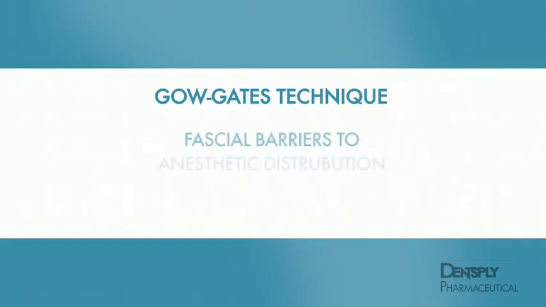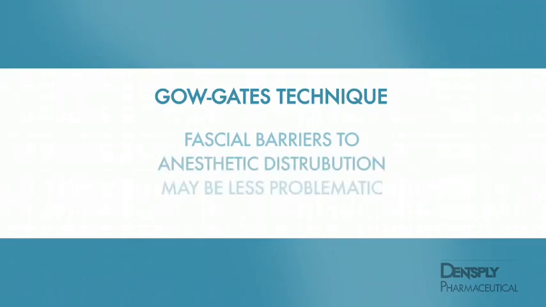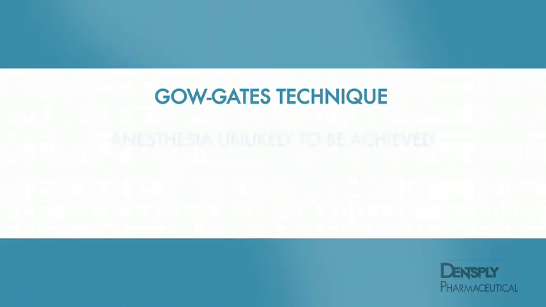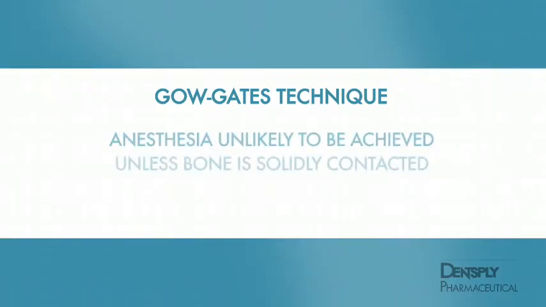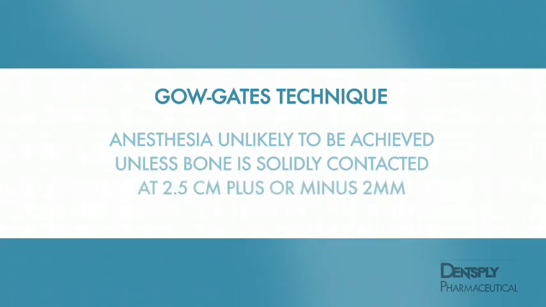Also, fascial barriers to anesthetic distribution may be less problematic than with the standard injection. In contrast to the inferior alveolar nerve block, however, anesthesia is unlikely to be achieved with the Gowgate's injection unless bone is solidly contacted at 2.5 centimeters, plus or minus 2 millimeters.